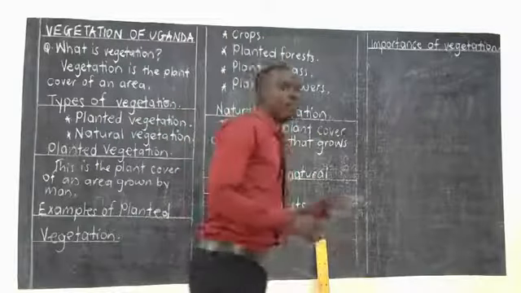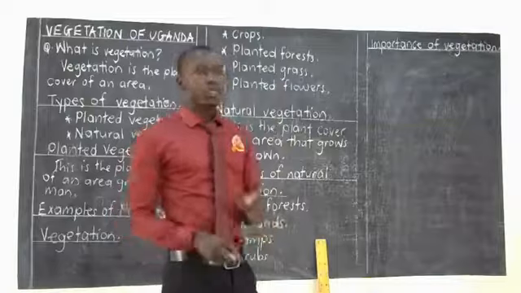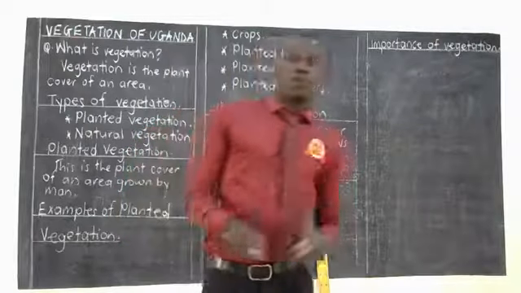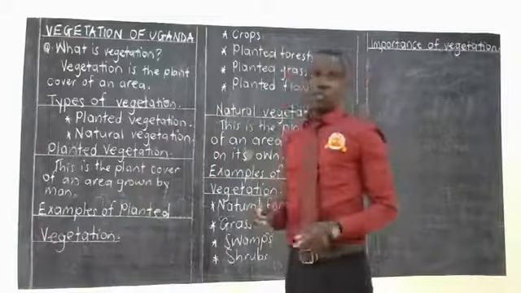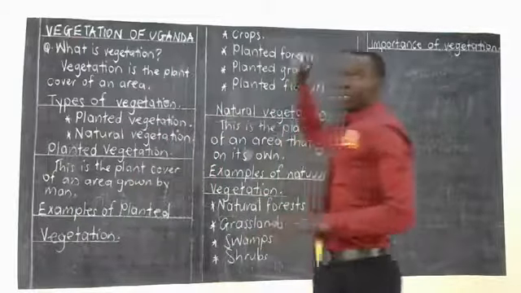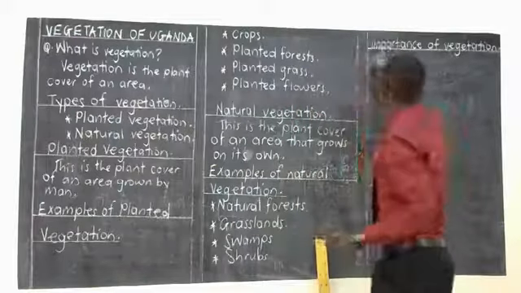Let's start with the simplest one. Vegetation is a source of food. We get food from crops. Some trees like mangoes give us fruits, that is food. So vegetation is a source of food.